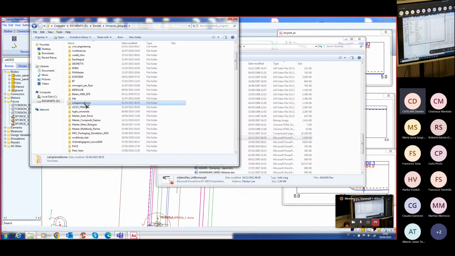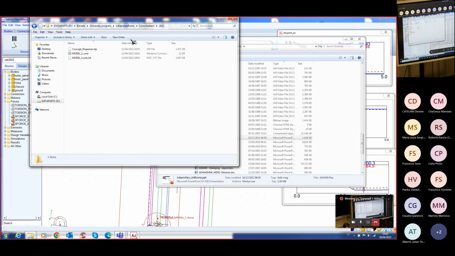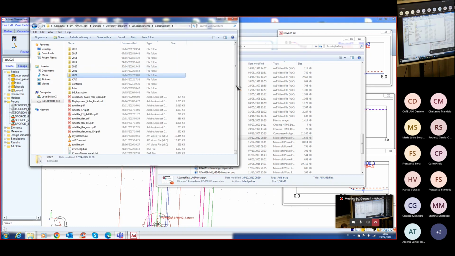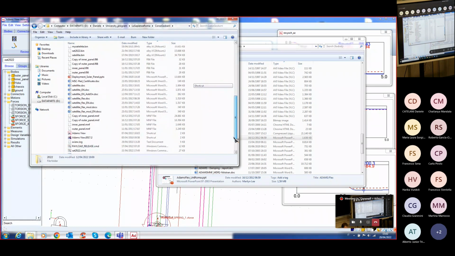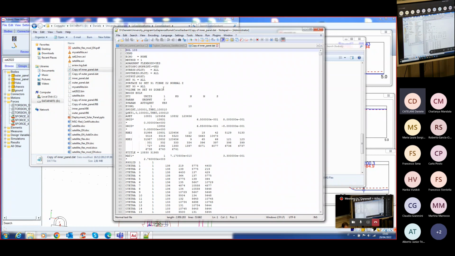In the finite element environment, you have a Nastran file, for example, SOL 103, the number of modes you want to evaluate, the nodes you want to use as master nodes.